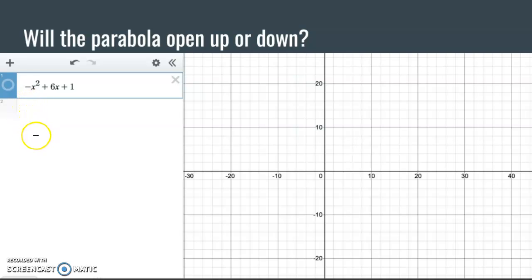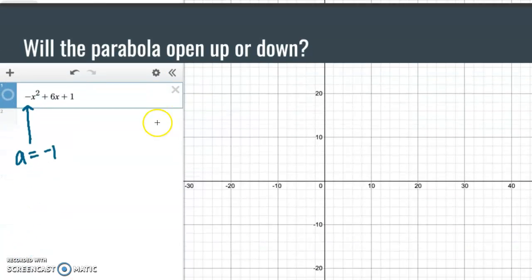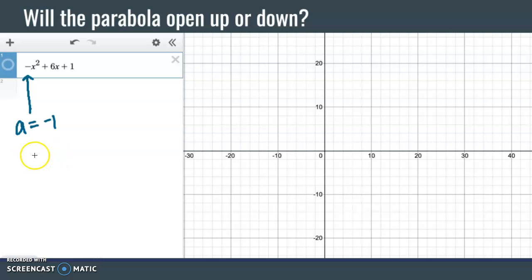Take a second, think about it, EdPuzzle. Let's pop up a question here. Whether it's going to open up or down depends completely on that leading coefficient a. In this case, a equals -1. We wrote that on the previous slide as well. a equals -1 means our parabola is going to open down, and it's going to have an upside-down U shape, a sad face shape.